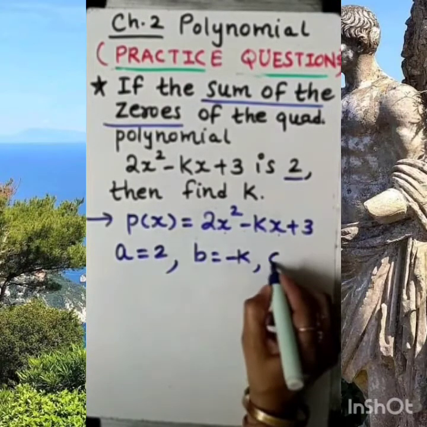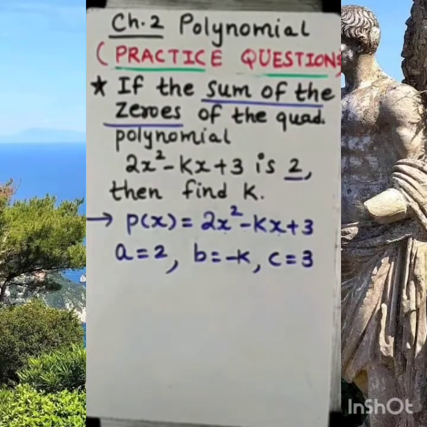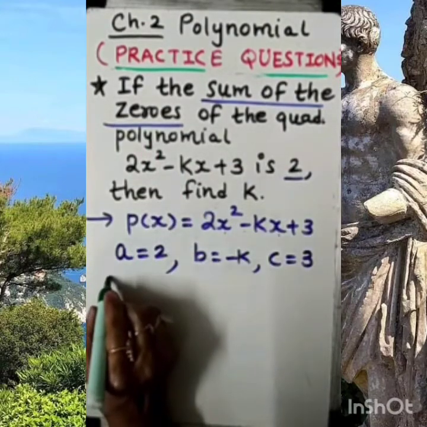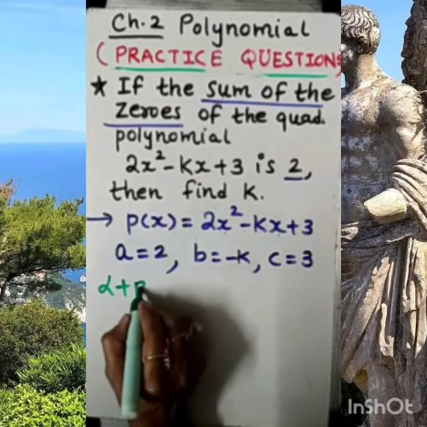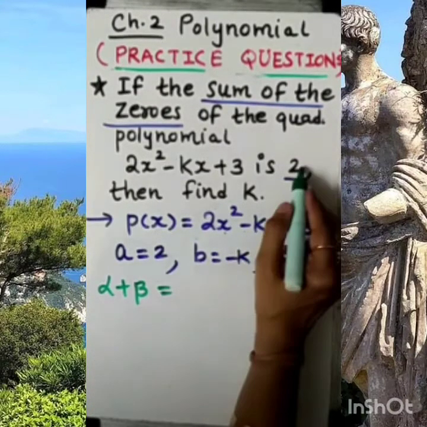Fine. And what is C? C is the constant term, that is 3. This much is clear. Now we need to find the sum of the zeros. Suppose alpha and beta are the two zeros. The sum of the zeros is given as 2.